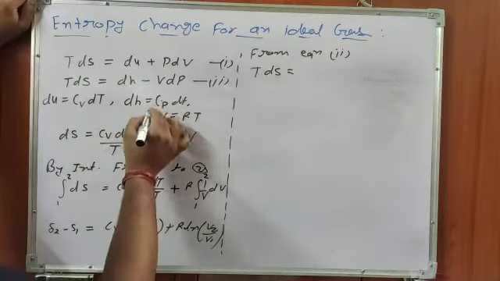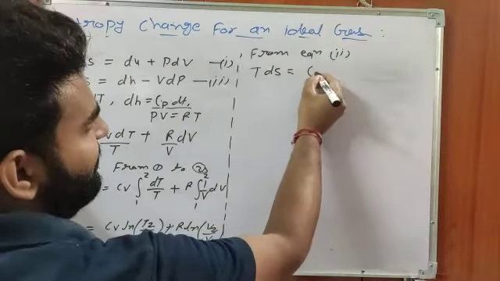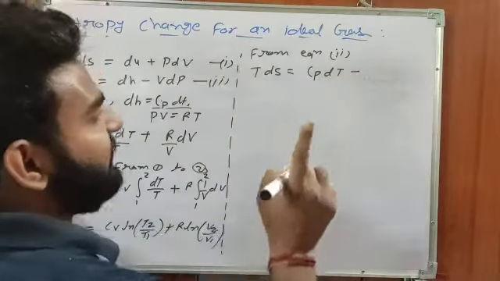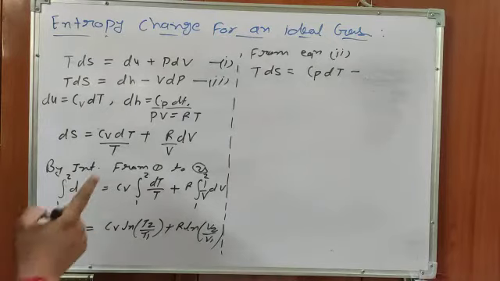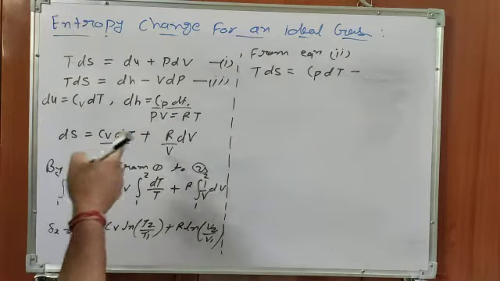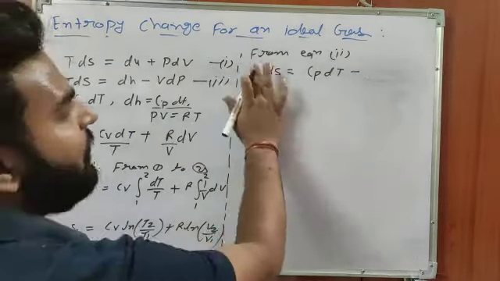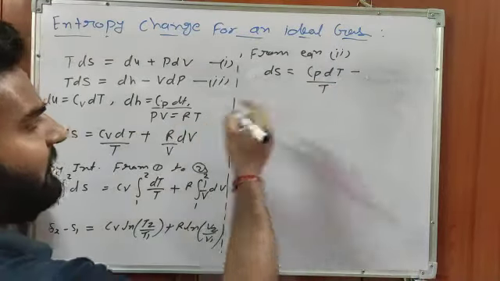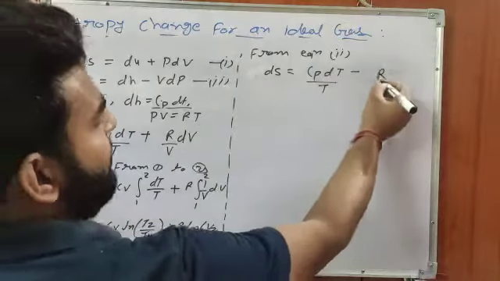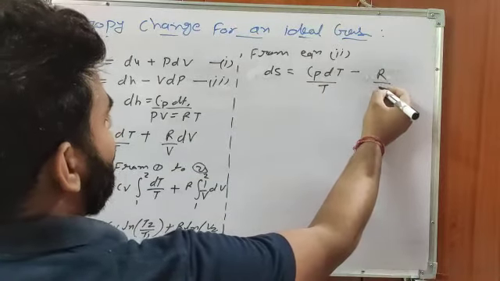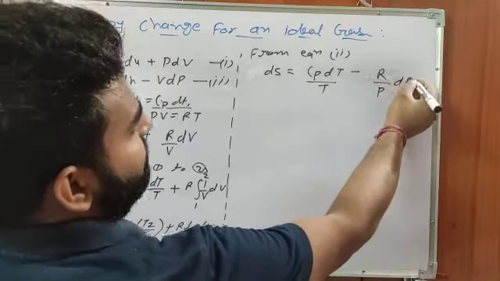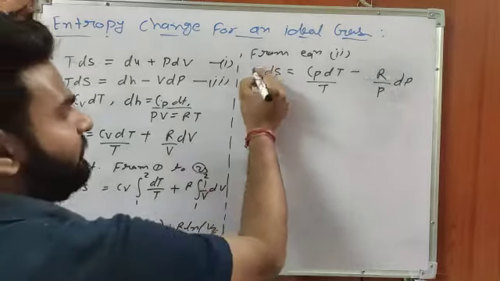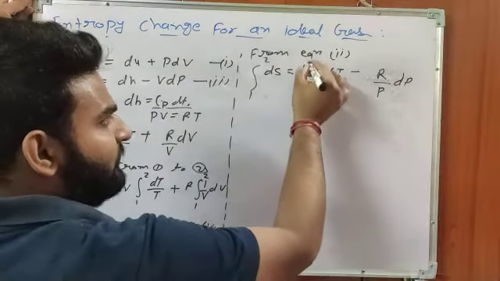In place of dH, we can write Cp dT minus V dP. From the ideal gas, V is RT upon P, and T cancels out if we take it in the denominator. So we can write R by P dP. Similarly, now integrate it from 1 to 2.